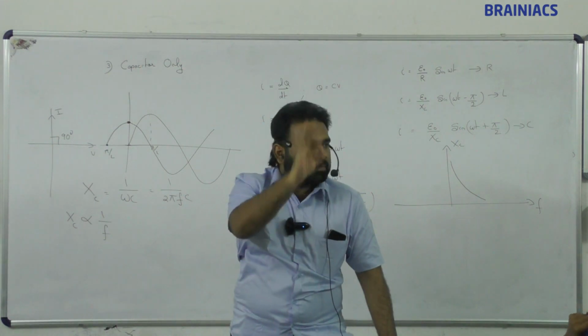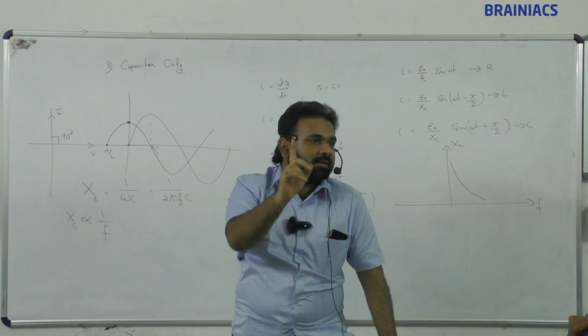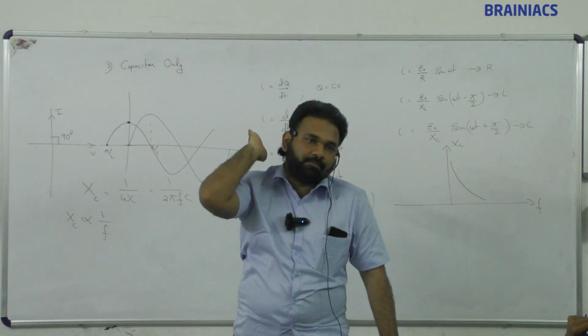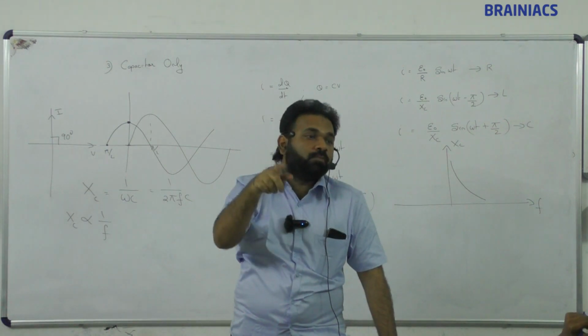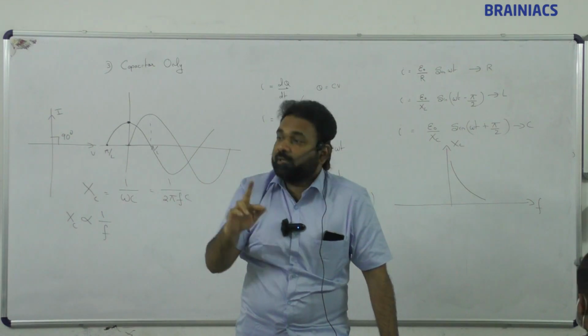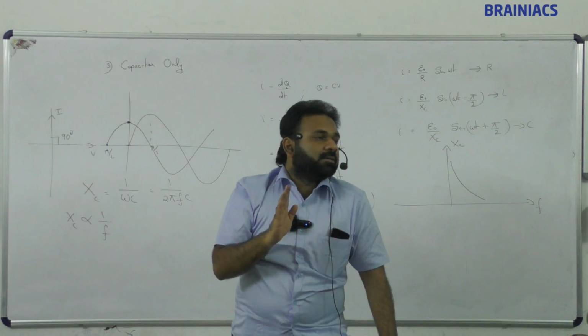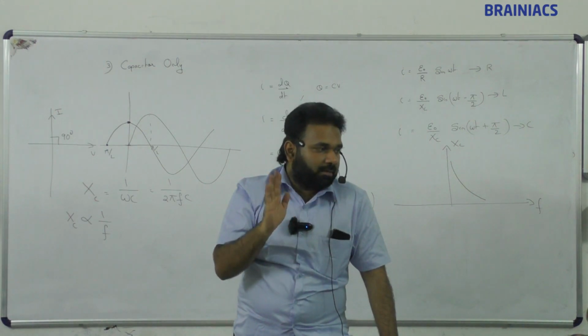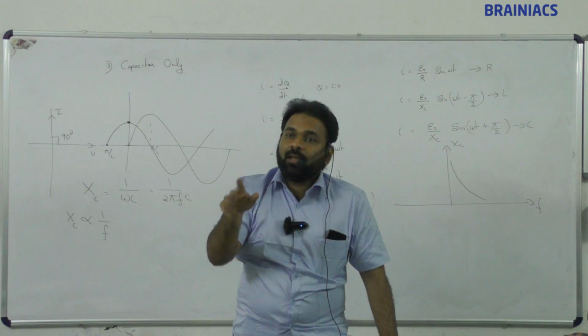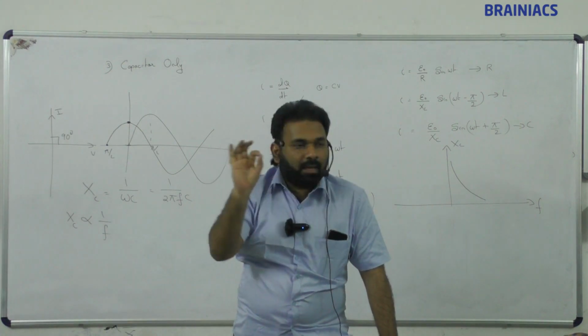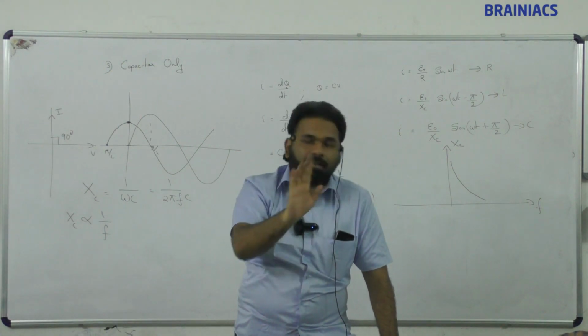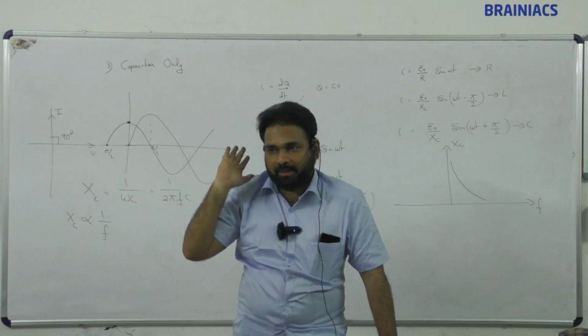Always, if only an inductor is there, potential leads. Potential leads whom? Potential leads current. Voltage leads the current, correct? CCL, Celebrity Cricket League. From now, capacitor current leads. Okay, IPL: inductor potential leads, capacitor current leads. Remember that.